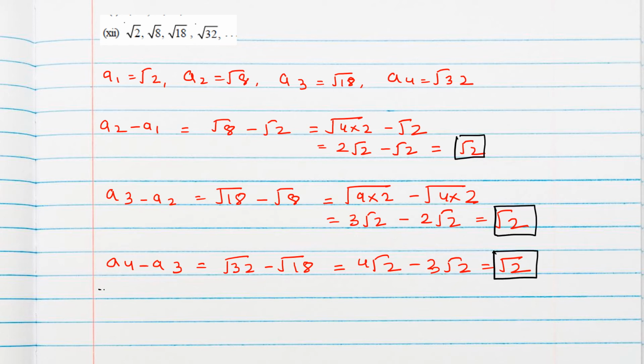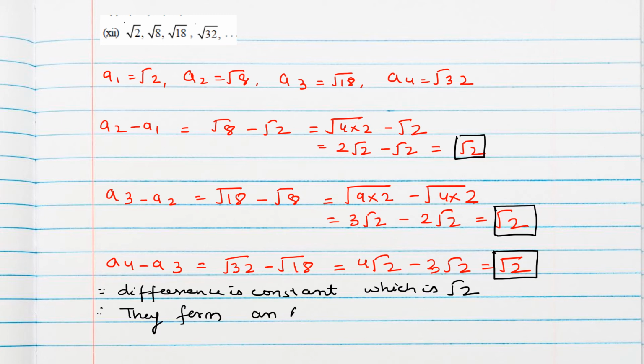So since the difference is constant, which is root 2, therefore they form an AP. Okay, now if they form an AP, we should find the next terms. So here if you observe, this is root 2, then 2 root 2, 3 root 2 and 4 root 2.